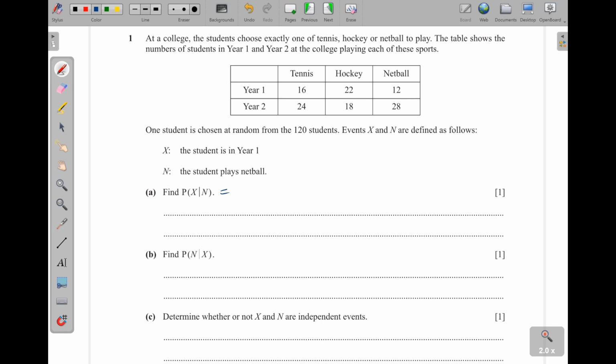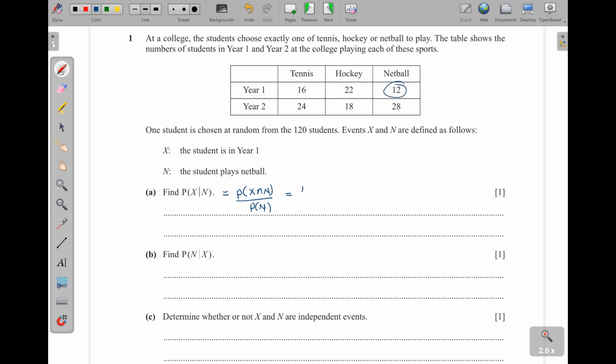this is the same as probability of X intersection N out of probability of N. This is conditional probability. Now X intersection N, the student is in year 1 and plays netball. So in year 1 and plays netball, it is here.